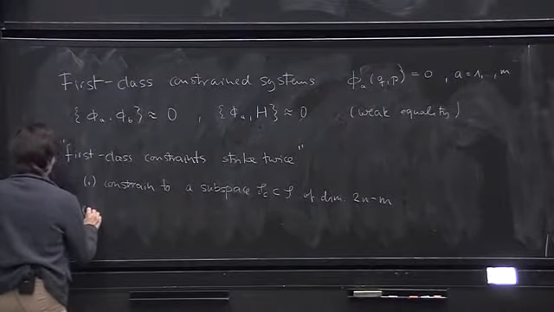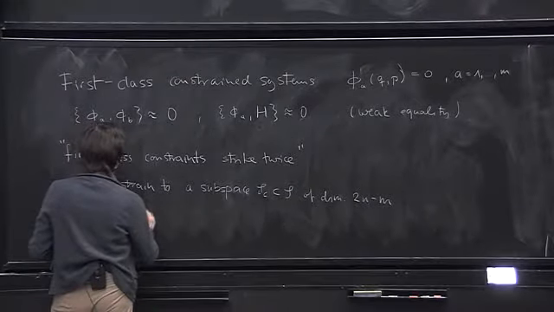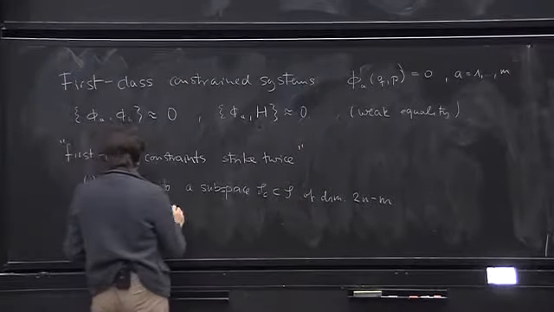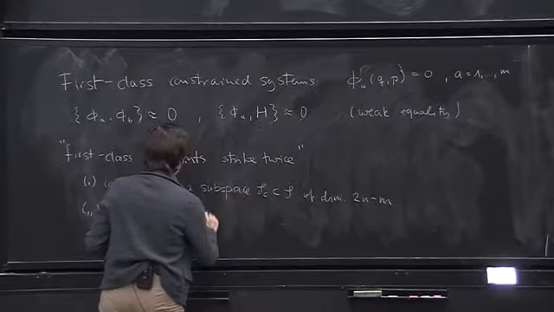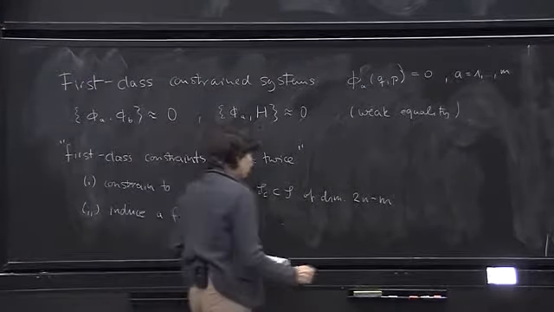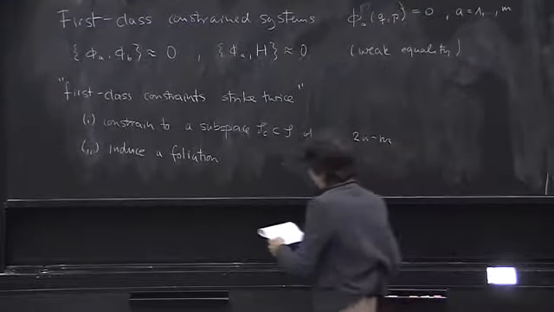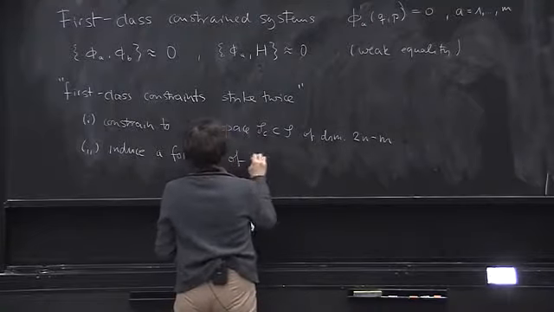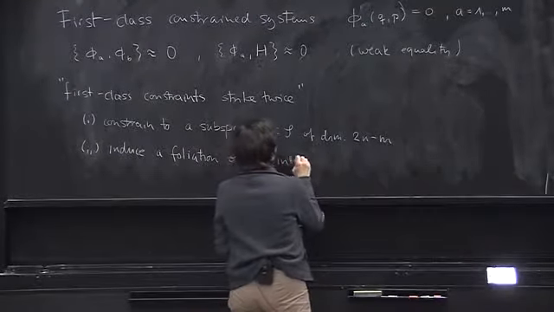And secondly, they induce a foliation of S_C into gauge orbits.